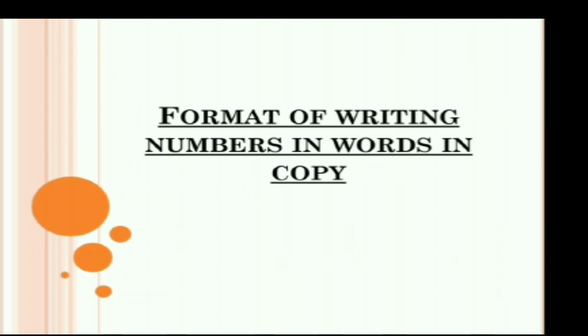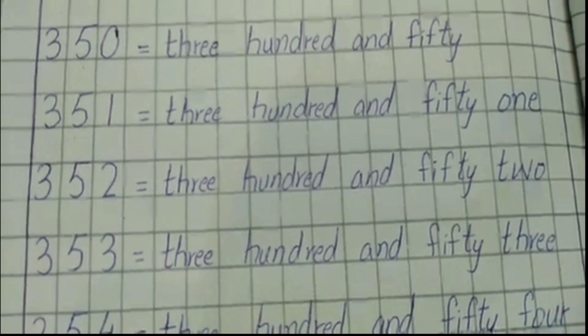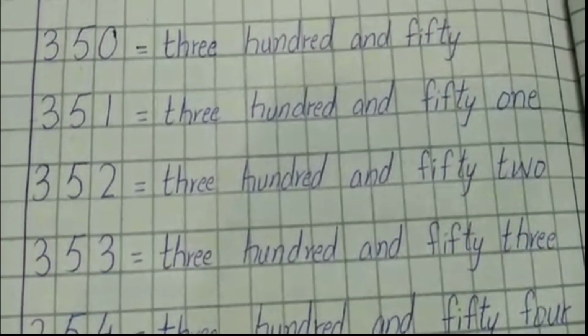Now I will tell you the format of writing numbers in words in your copy. Before starting your work, make sure you have a scale, a pencil, a sharpener, and an eraser with you. First of all, you will draw the margin lines.